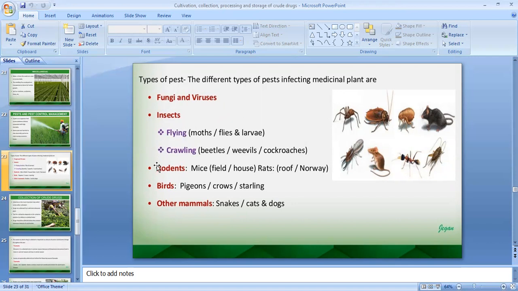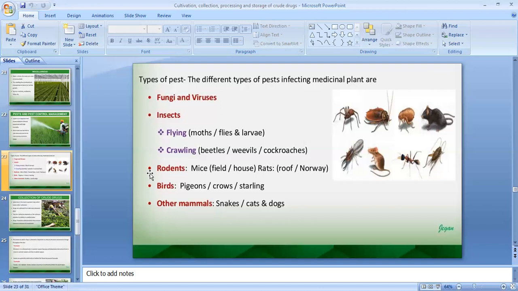Third example of pest is rodents. Examples of rodents are mice, field mice and house mice. Second example of rodents is rats, roof rats and Norway rats. Third type of pest is birds.